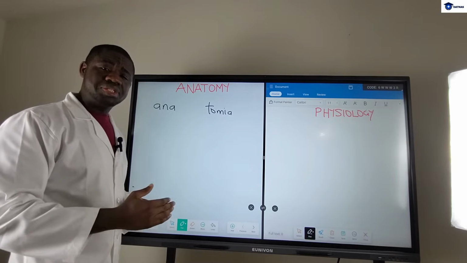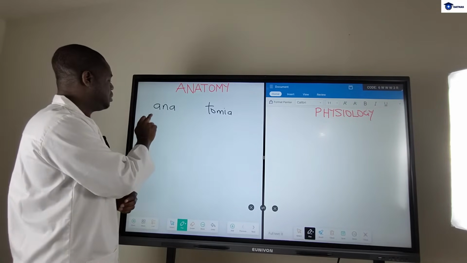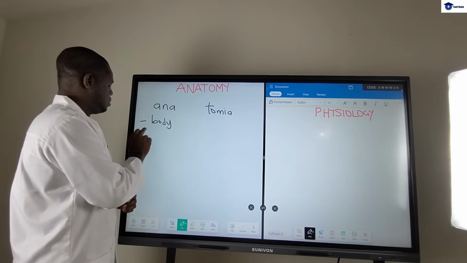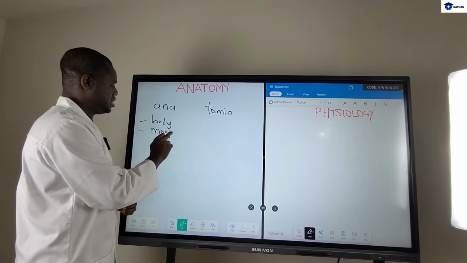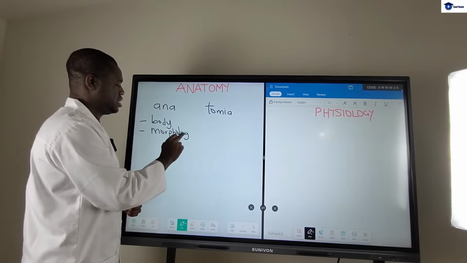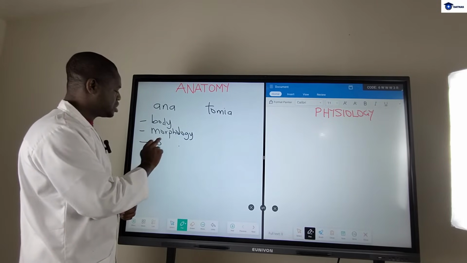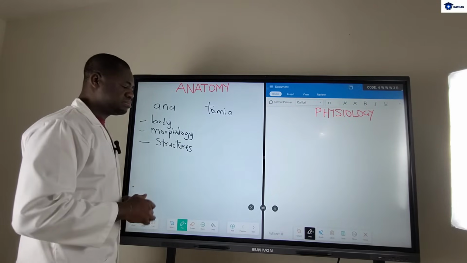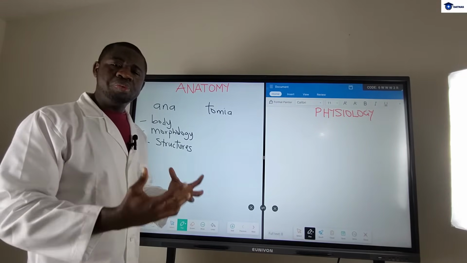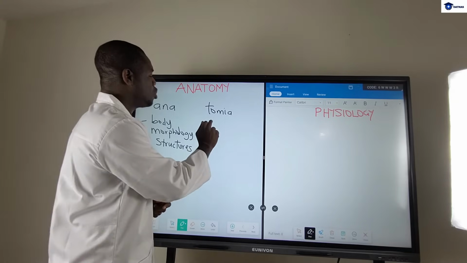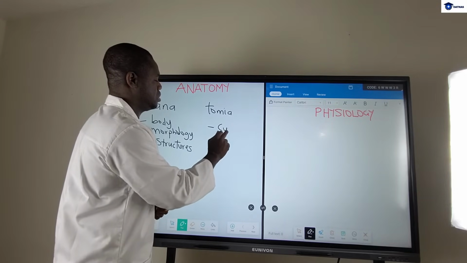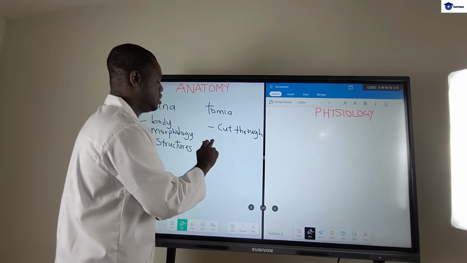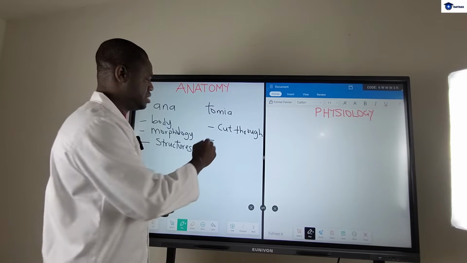Ana means body, morphology, or structures. Tomia means to cut through, to dissect.